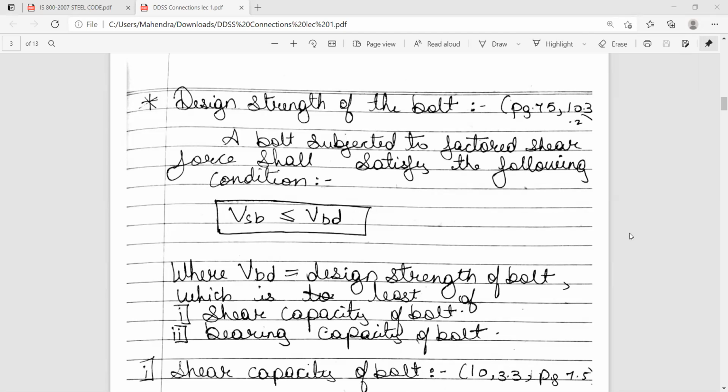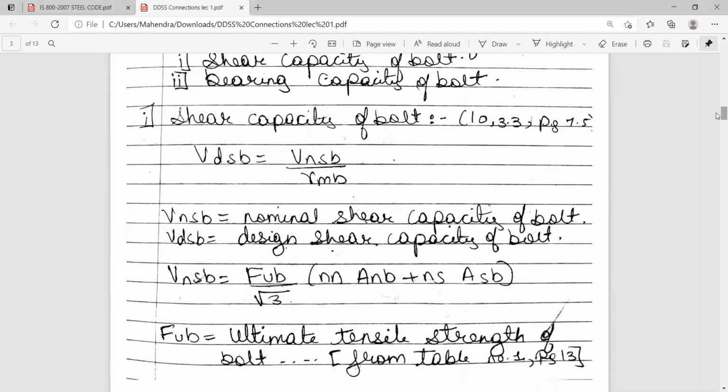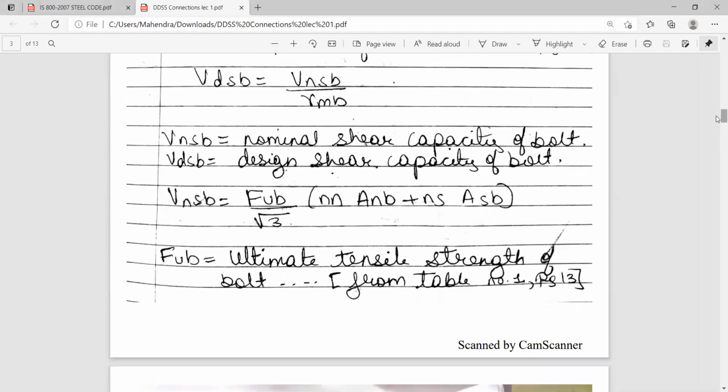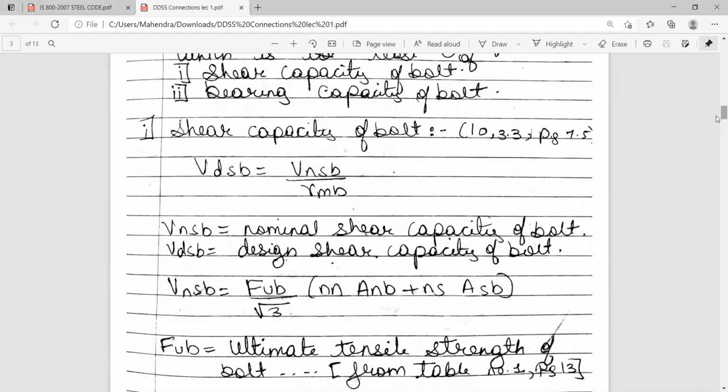So the formula to calculate VPD should be less than the shearing capacity of the bolt and the bearing capacity of the bolt. The formula to calculate the shearing capacity of the bolt is on page number 75 again, clause number 10.3.3.